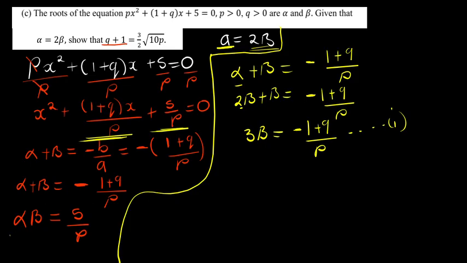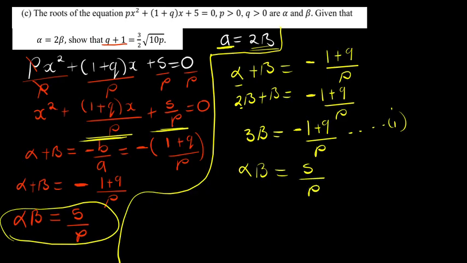Then I'll go to the other one, the one you are seeing here. On this one, alpha beta is equal to 5 over p. Now, this part here is alpha, and alpha is equal to 2 beta.